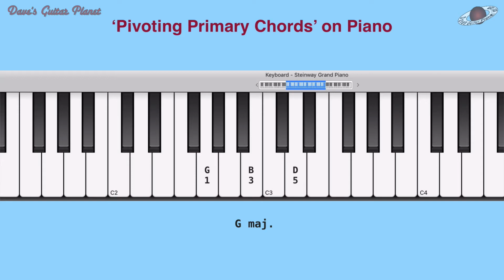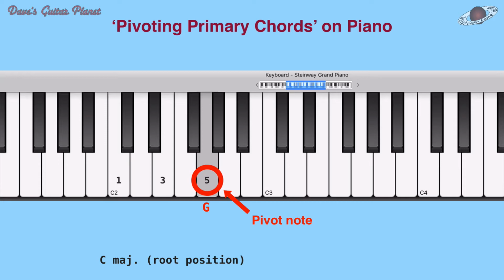But if we do a first inversion G chord with the 3rd on the bottom, here's G down here. If we take this root and move it up here, now we've got 3, 5, 1 in G. And now, in relation to the C chord, we're pivoting on this G note, the 5th of C, 1, 3, 5, which becomes the root of G. 1, 5, 3, with the 3 on the bottom.